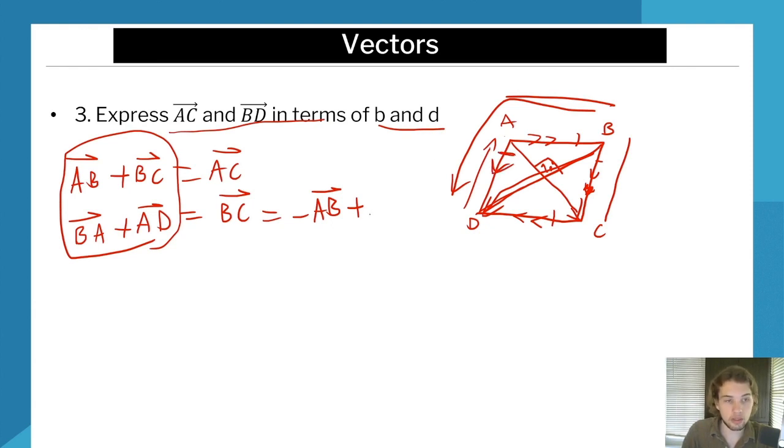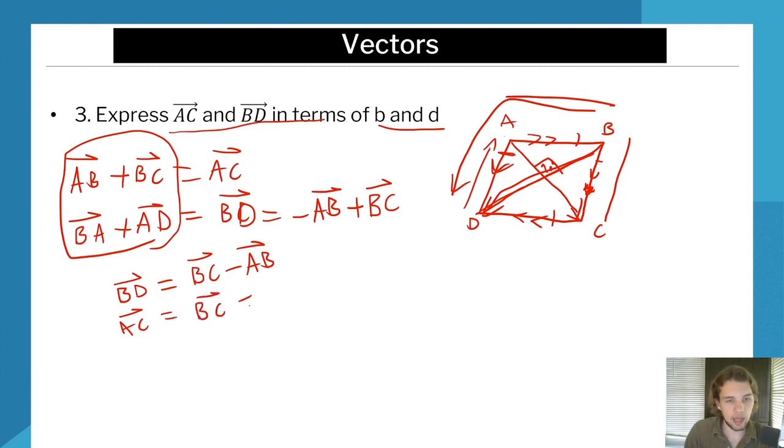So we can put this in terms of B to C. This should be B to D. Now, where we are, we have two seemingly related terms: B to D equals B to C minus A to B.